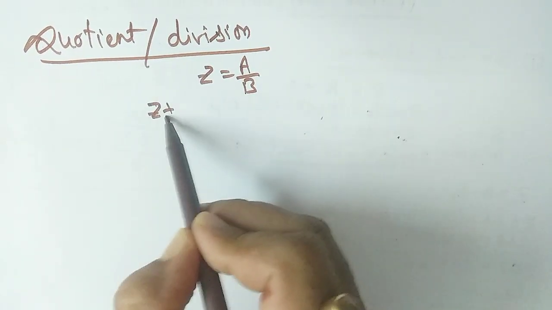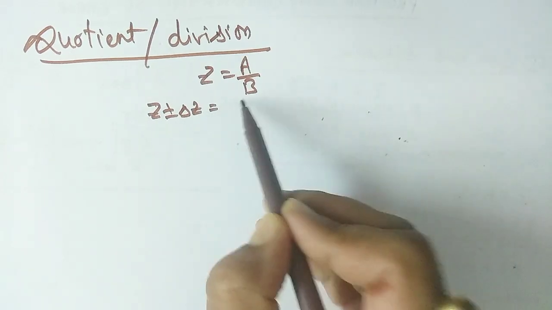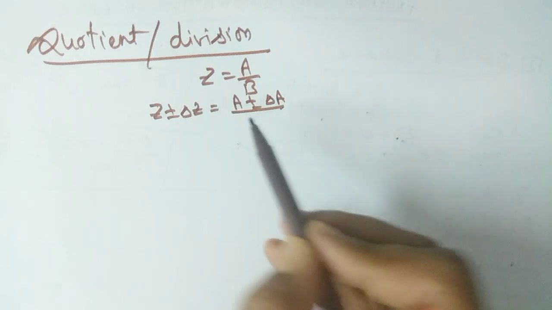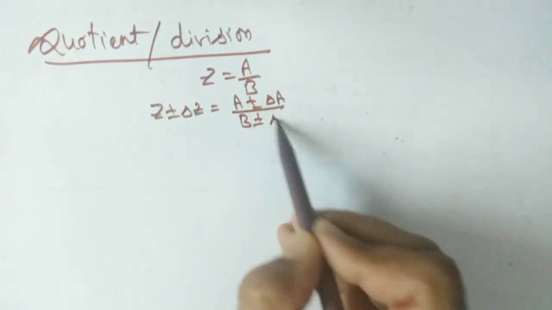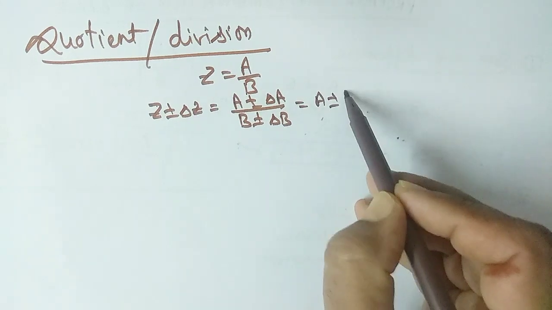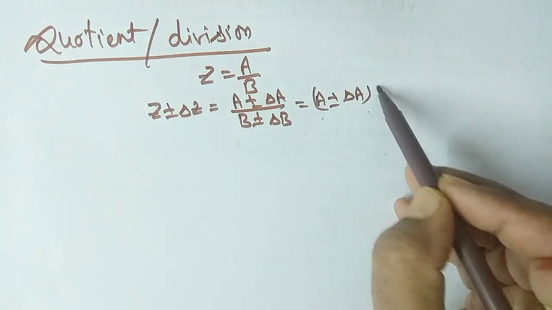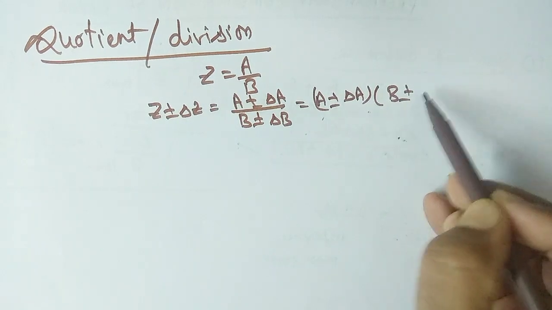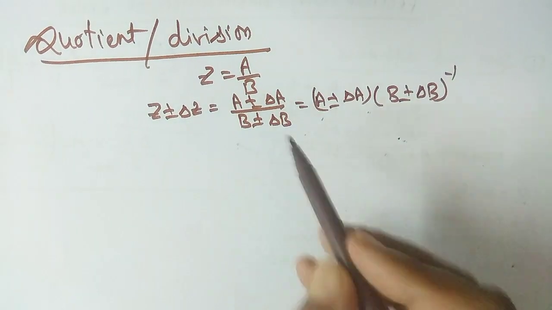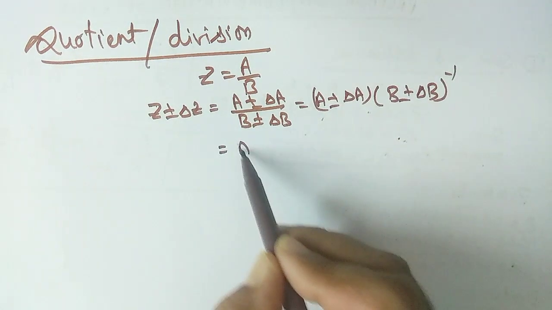So Z plus minus delta Z is equal to A plus minus delta A upon B plus minus delta B, which you can write as A plus minus delta A, into B plus minus delta B to the power minus 1.